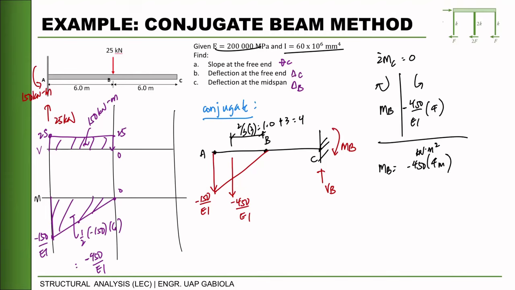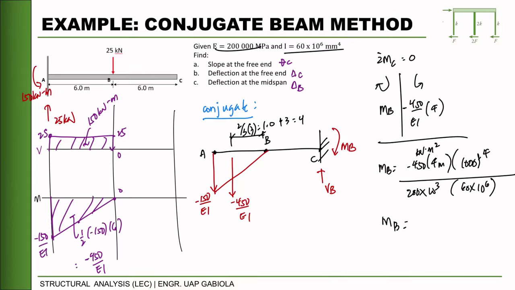So this would be 1,000 to the fourth, over 200 times 10 to the 3, and 60 times 10 to the 6. So MB is equal to negative 450, 1,000 to the fourth, over 200 times 10 to the 3, 60 times 10 to the 6.